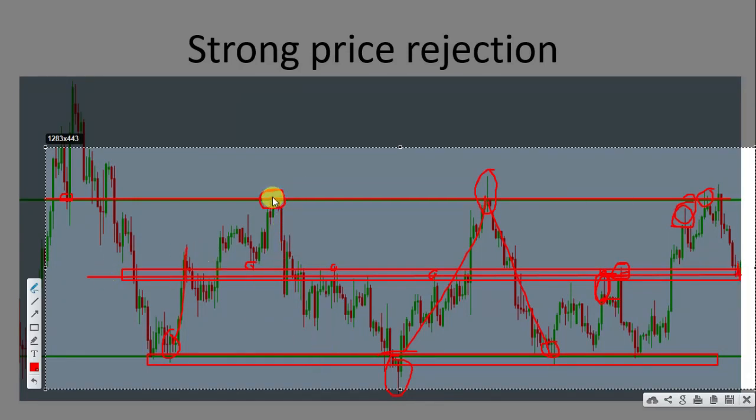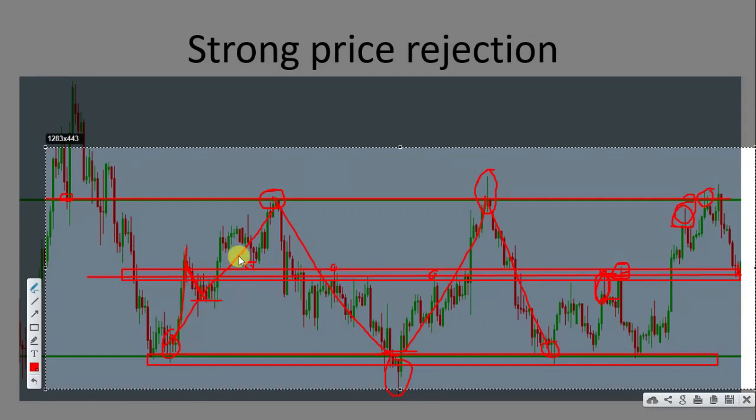Maybe you should take only this trade and this trade, and I saw some traders place a trade here, and when it made a little correction, they got out of this trade.